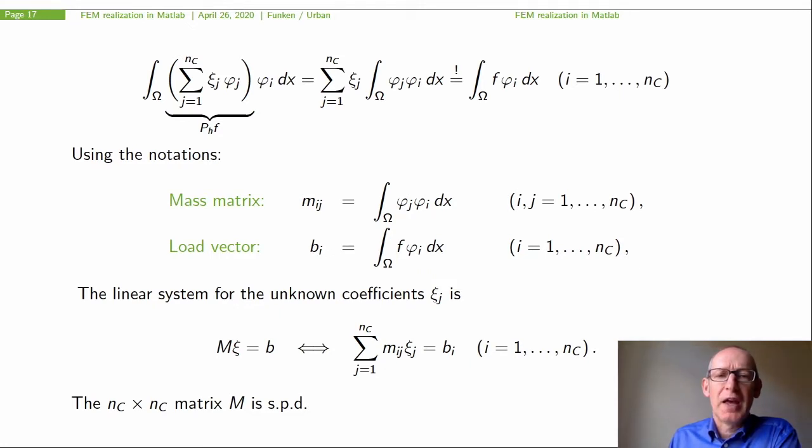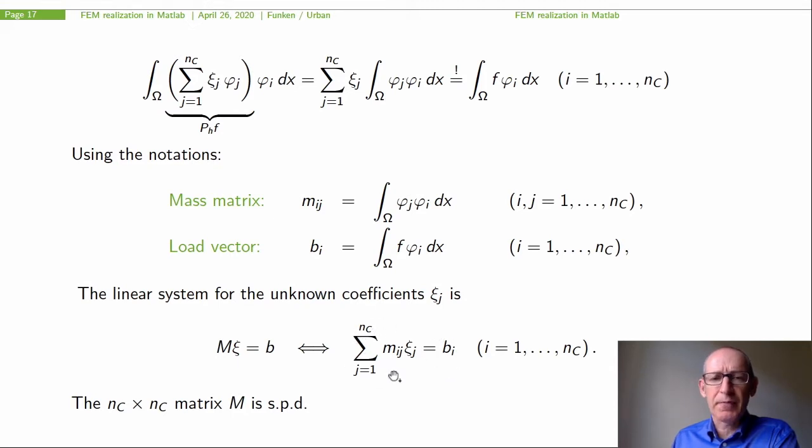So we have this mass matrix for this part, with m ij being the integral over omega of hat function j times hat function i, and the load vector is just this coefficient here. We have to satisfy this for all i from 1 up to n index c. So this expression, when we substitute the integral by m ij, is this term.